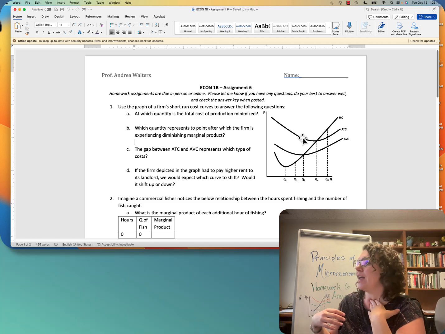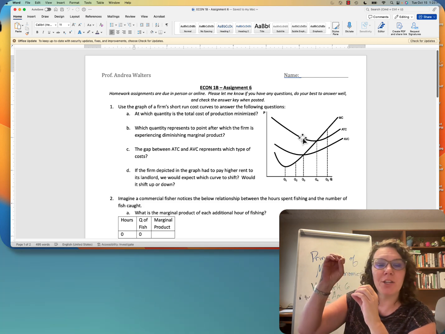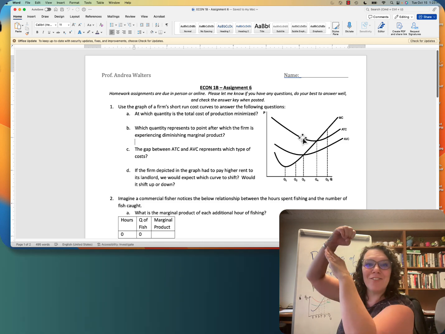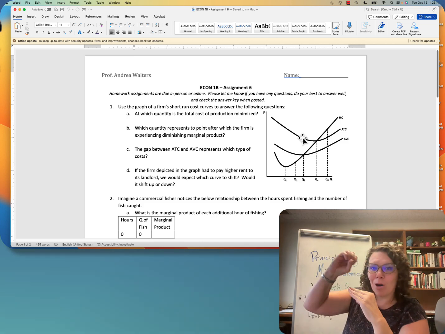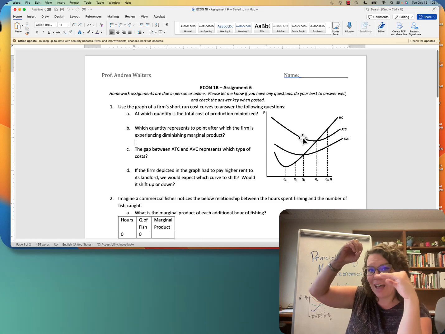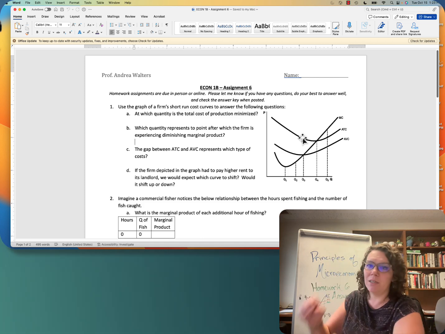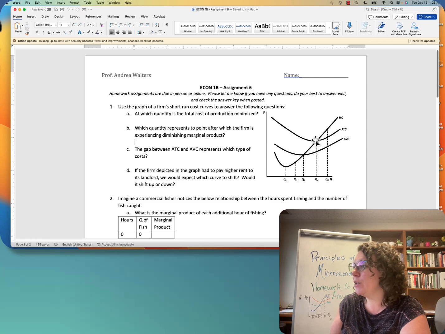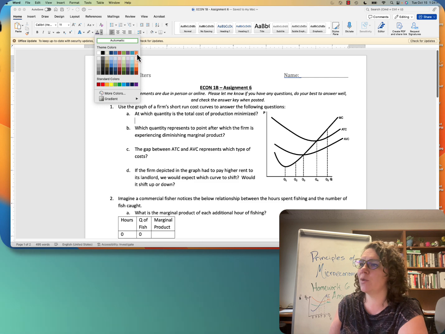If you have an 80 in the class and your next assignment has a grade of 90, that's going to pull your average grade up. So when the marginal value is higher than the average, it's going to pull that average up. So we're going to expect average total cost to be minimized here when it's equal to the marginal cost at a quantity of 4. So let's go ahead and write that.